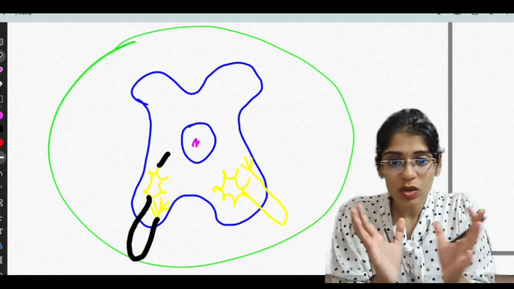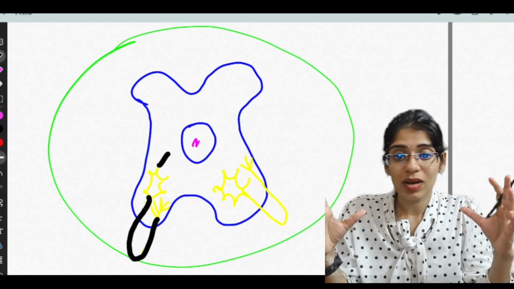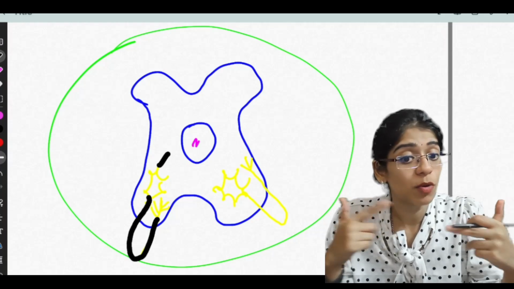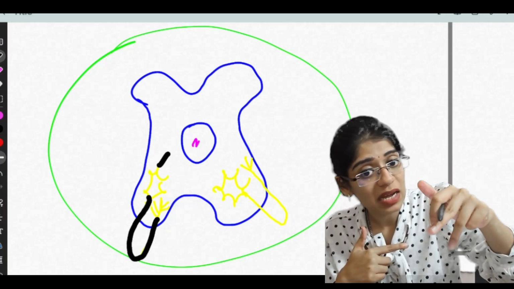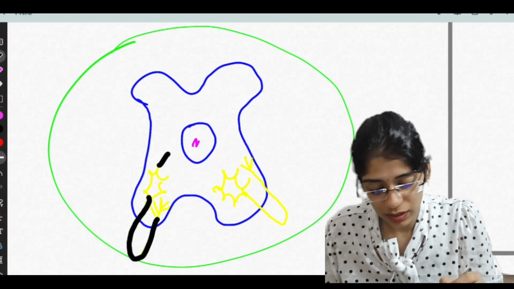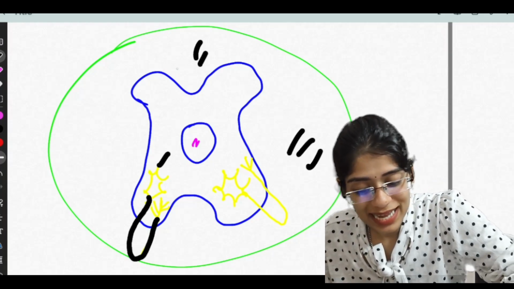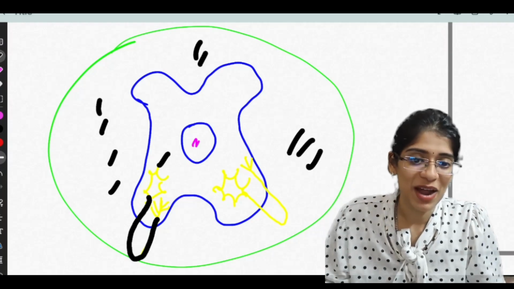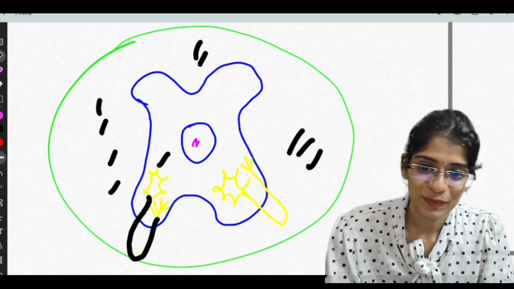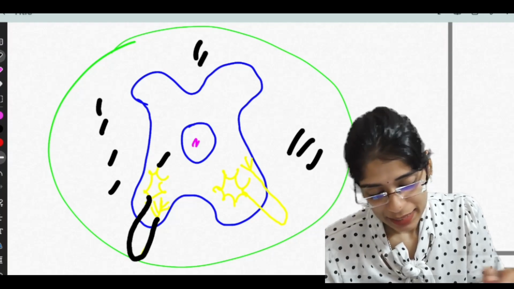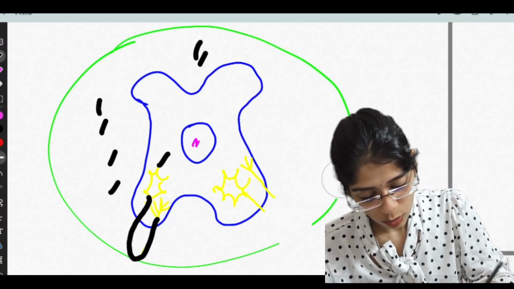Now when a lot of axons come together, I told you the axon has a myelin sheath, which is made up of phospholipids, and phospholipids are whitish-yellow in color. So that is why it's called white matter, because it looks whitish. Understood? Fine.